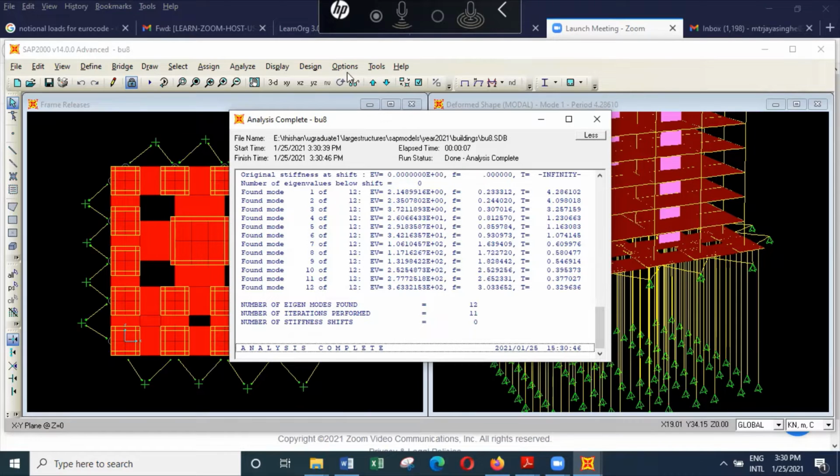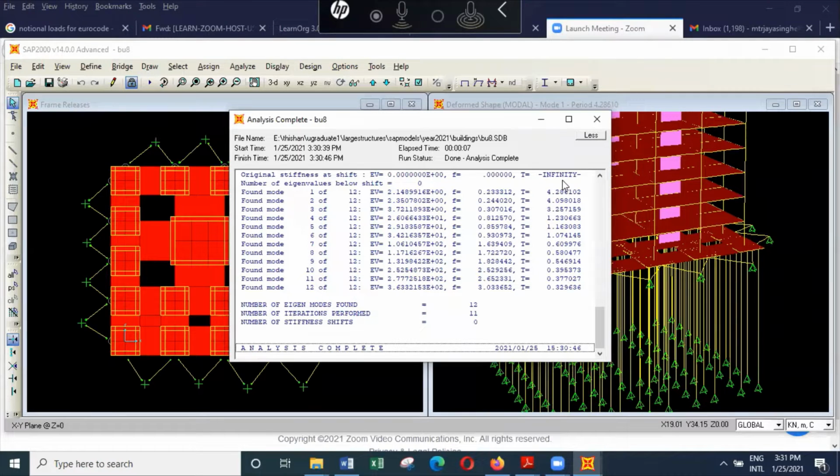Now you can see there's some impact due to this foundation modeling also, because now the structure is taller and it's giving us a different natural period of vibration value. But it's not a major problem because we know the normal structure is okay.